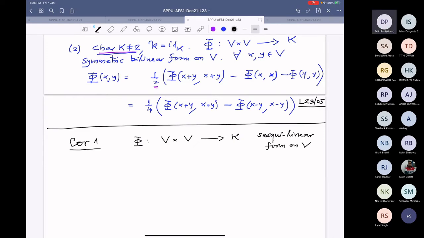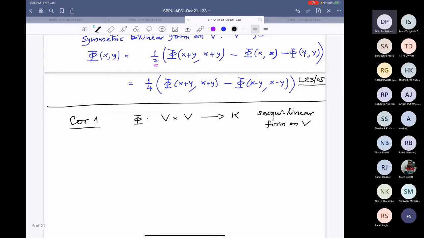On V. And I am in the second case, that is kappa is not identity.